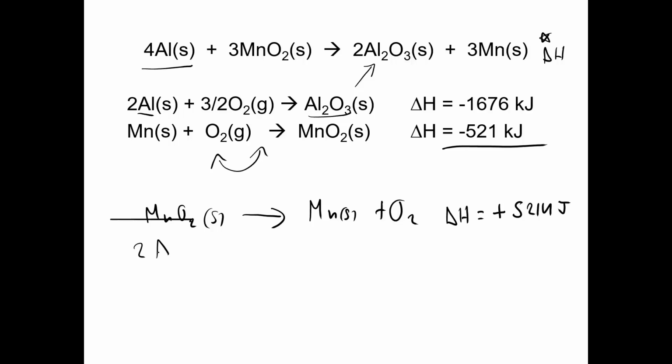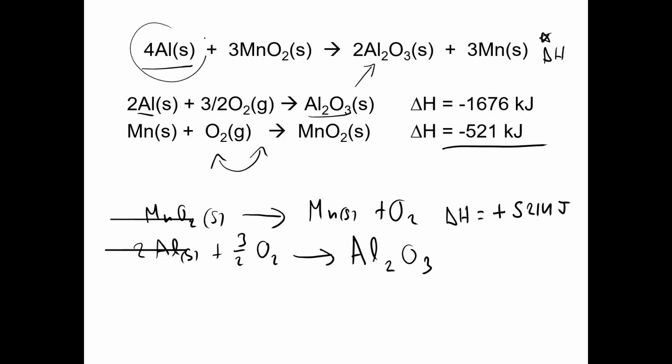Now I will write the other reaction below. 2 times aluminum plus 3/2 oxygen goes to Al2O3. Now we're going to have to make sure that we cancel. We only want the aluminum in the equation, and we need 4 of them.